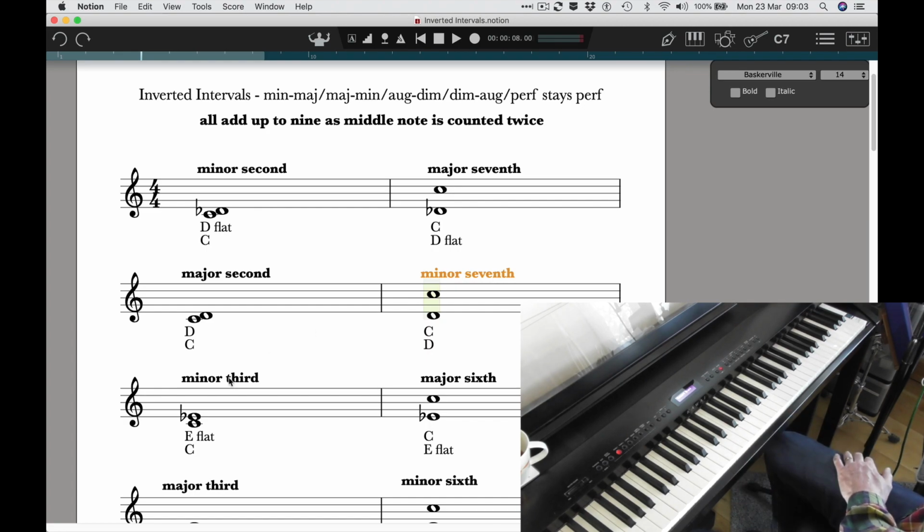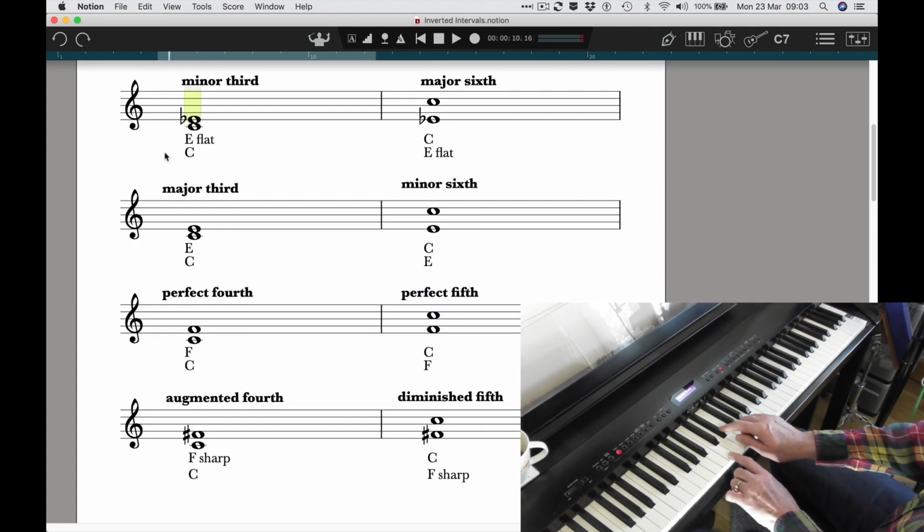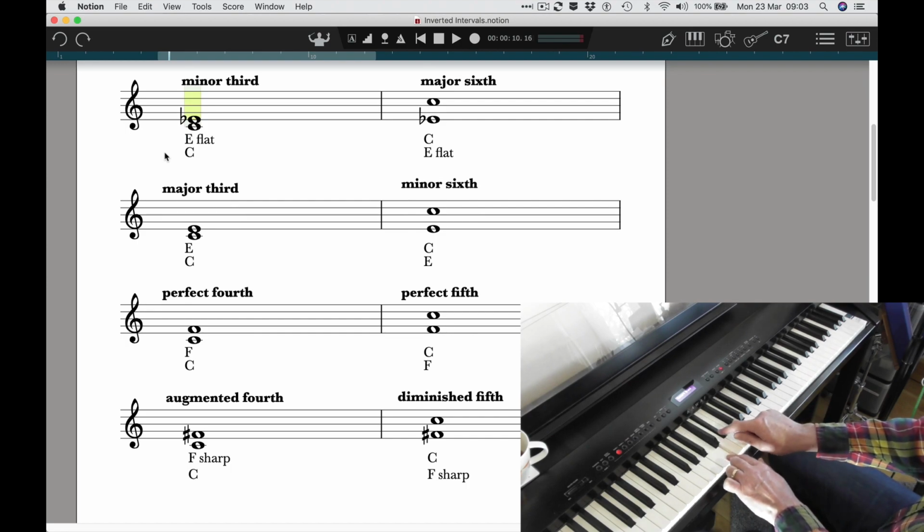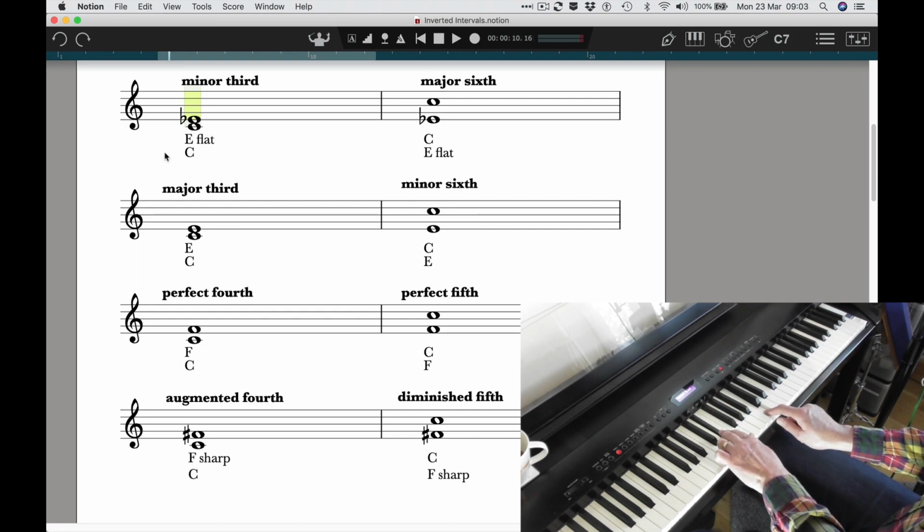Let's go to the third one here. So we've got the minor third, C to E flat. Let's bring the C on top. Now please notice this is a minor third. This is going to be a major sixth. Third, sixth, 3 and 6 makes 9, always makes 9.